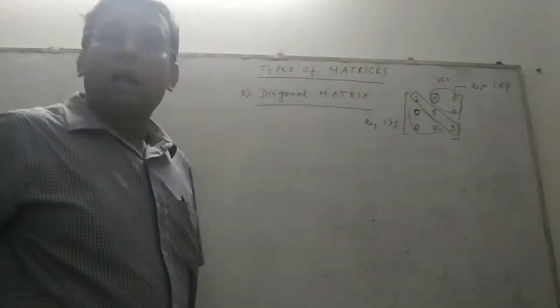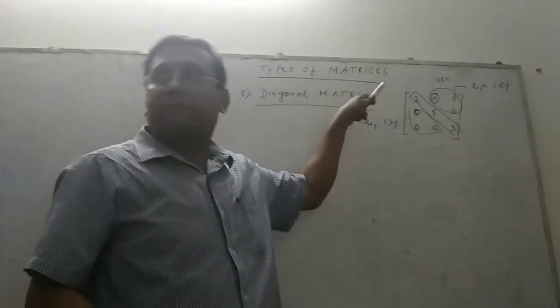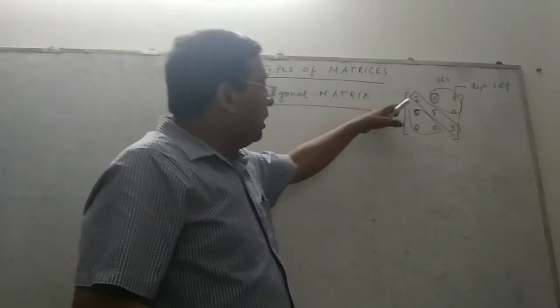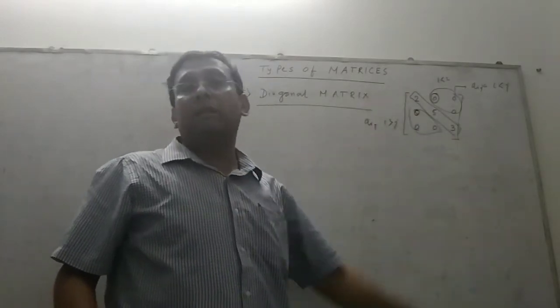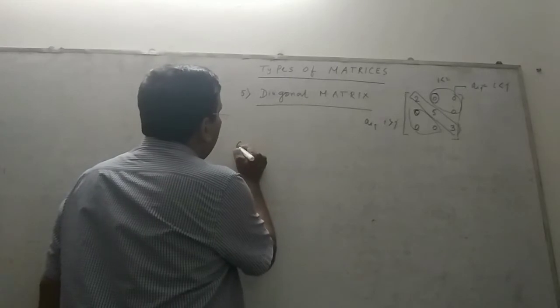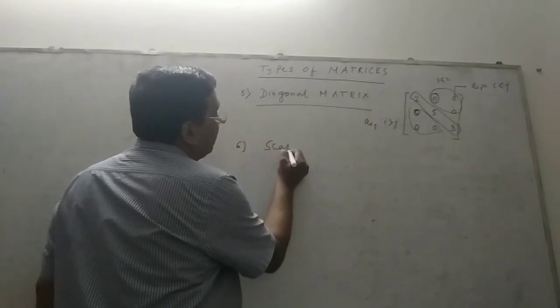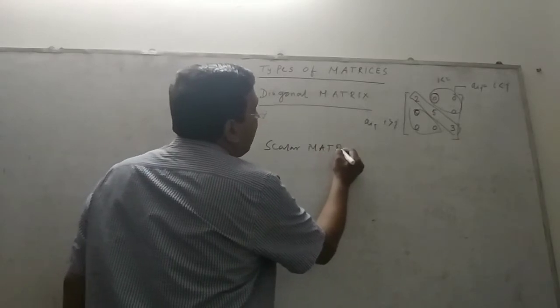Now what is a scalar matrix? A scalar matrix is a diagonal matrix where all the diagonal elements along the primary diagonal must be the same.